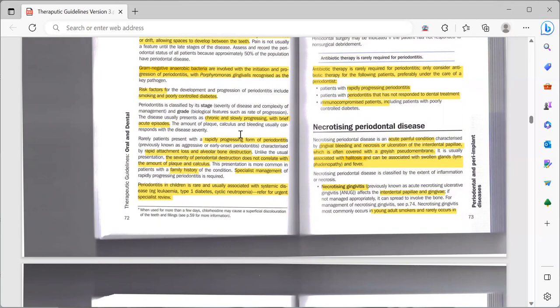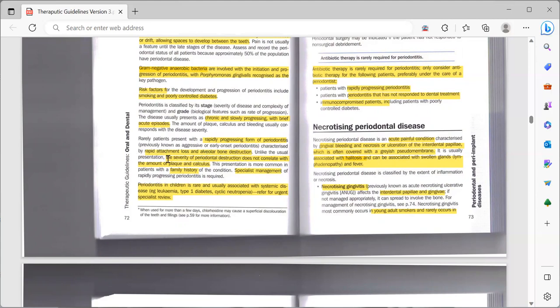This rapid form we generally see in young people, but most of the time periodontitis occurs as a chronic condition, which we commonly see in old people. So in rare situations, some youngsters can also get periodontitis, and it is called rapidly progressing periodontitis. It is characterized by rapid attachment loss and alveolar bone destruction.